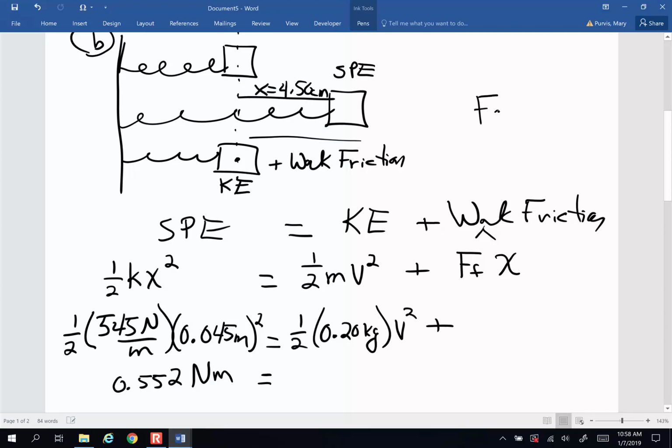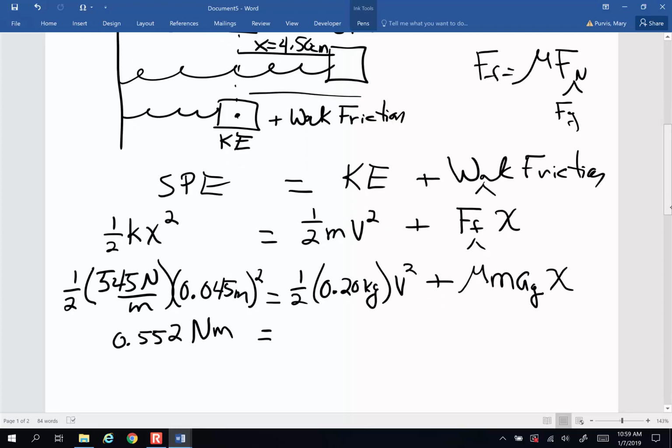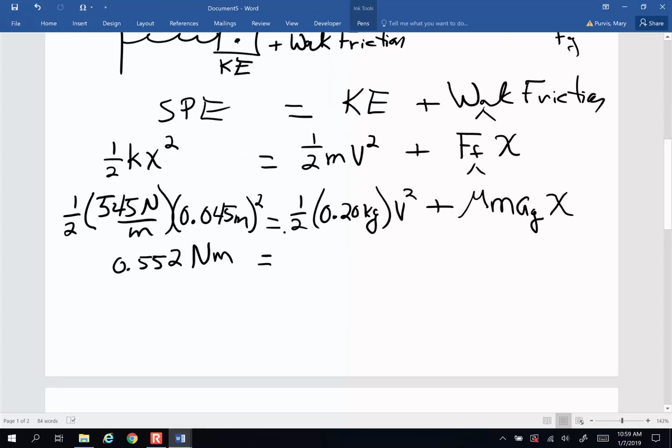Now, as you remember, friction force is mu times normal force, and if it's sitting flat on a surface, normal force will be equal to force of gravity. So friction force will convert into mu, mass, acceleration of gravity, times how far it moves against friction, and that is my 4.5 centimeters. So let's keep going.